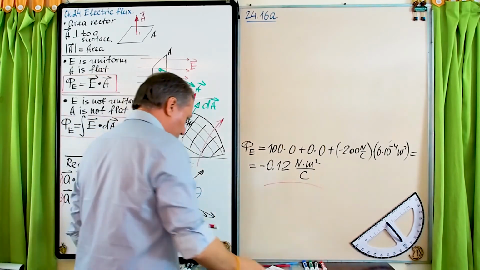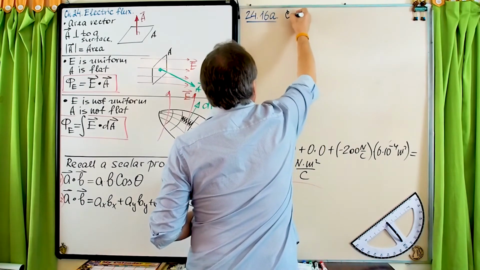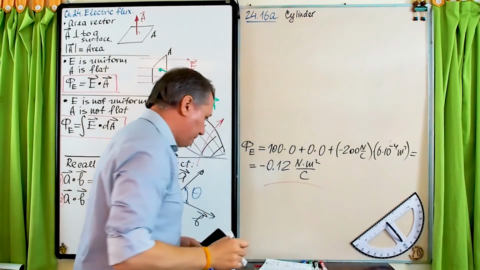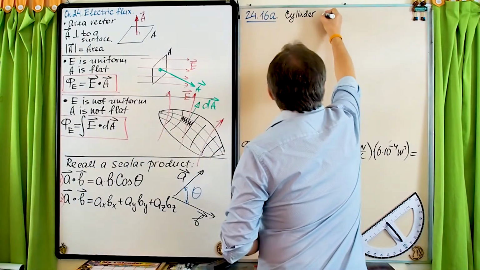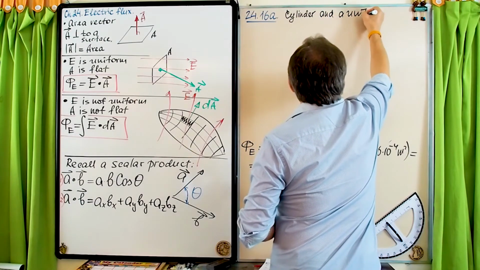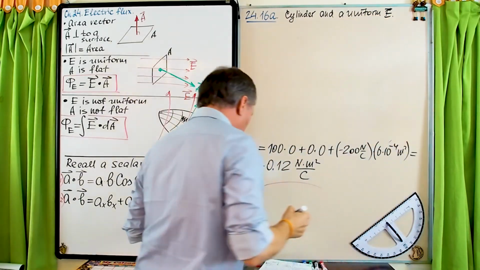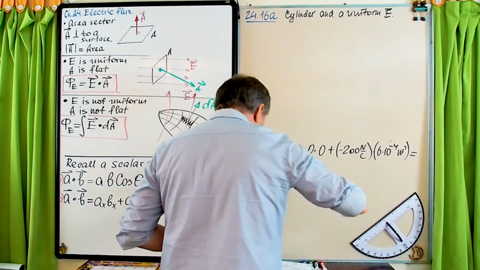So now we have a cylinder and a uniform electric field, uniform E. Let's draw the picture. I will draw the cylinder first.